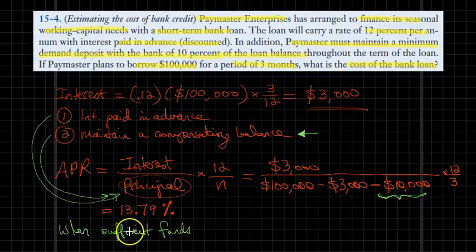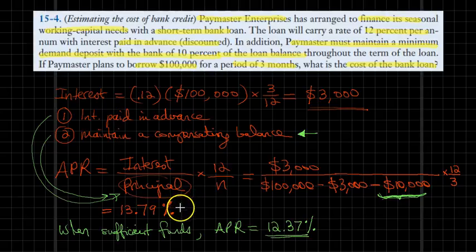We would simply remove that $10,000. The rest of the calculation will be similar. The APR will come out as 12.37%. So we have a contingent answer.